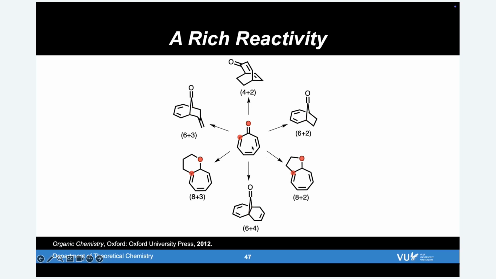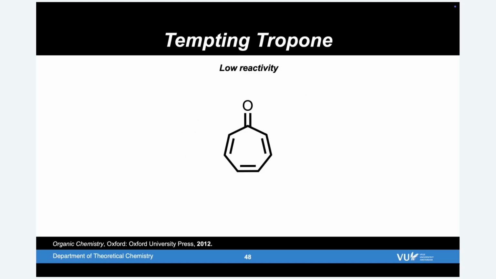And it can also employ all 8 pi electrons in these higher order 8+3 and 8+2 cycloadditions. So despite its potential to engage a variety of reactive compounds in higher order cycloadditions, it really exhibits a low reactivity.